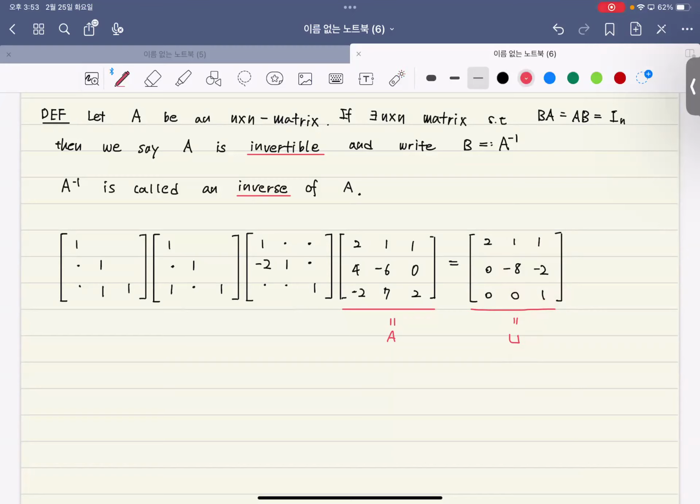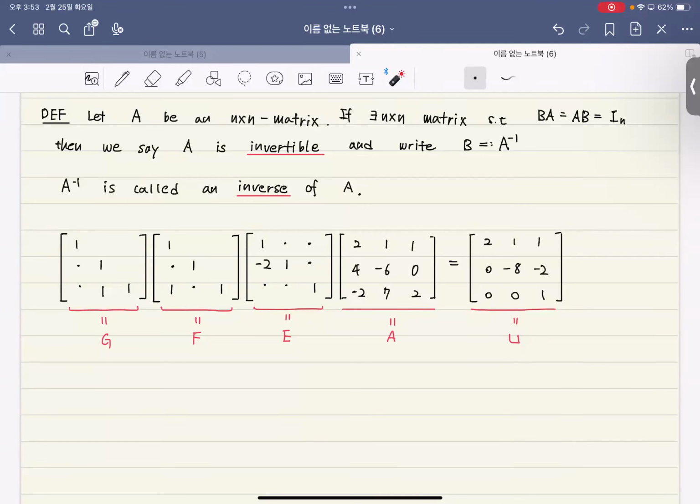For simplicity, I'm going to say this is E, this is F, this is G. So simply speaking, G times F times E times A is U.